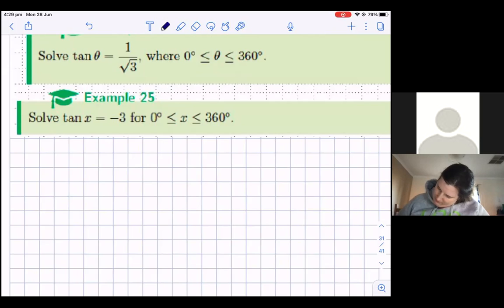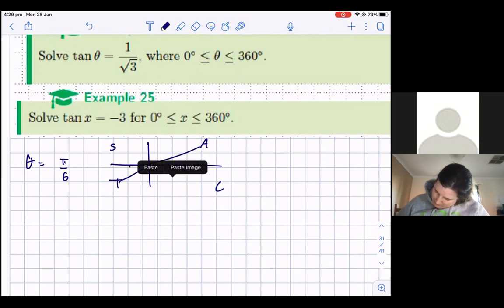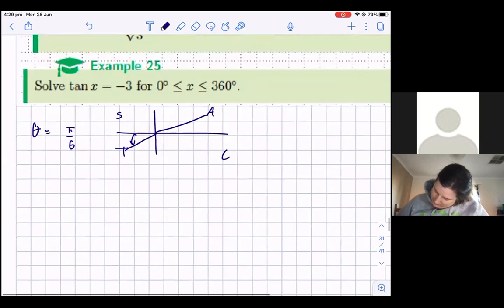So we know that's pi on 6, but we need the other value, which is going to be down here, which is pi plus pi on 6. So it's 7 pi on 6 as well.